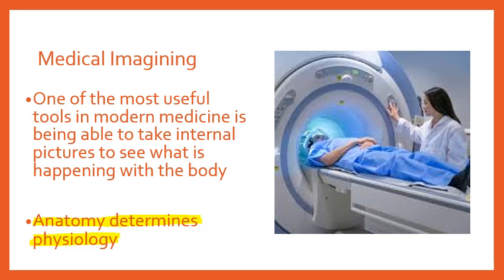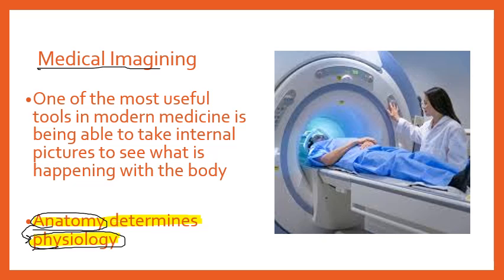The way you are built and the way things are structured, your anatomy, helps determine the way that things work, your physiology. And so by understanding the anatomy, by taking an image, you can understand how that's affecting the way that somebody's body is working.